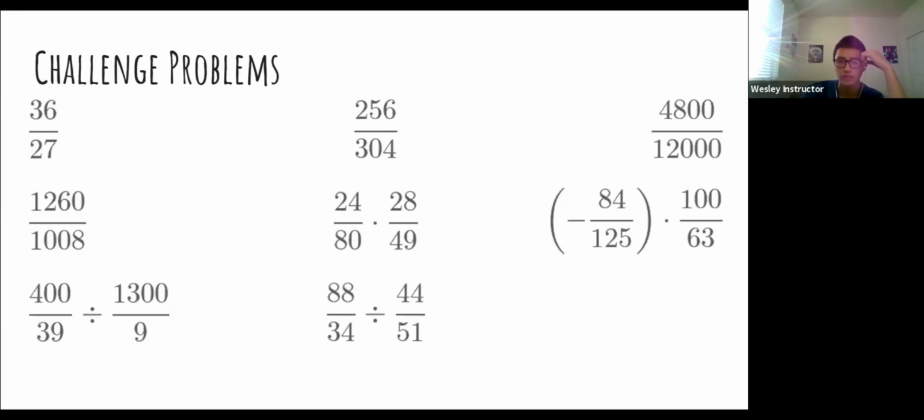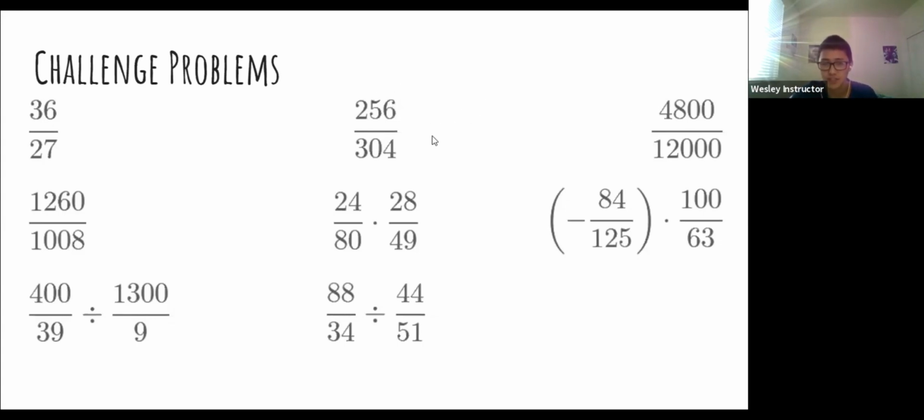Okay, it's 7:12, and I'll go over the answers right now. All right, so starting with the top left, 36 over 27, you can take out a 9 from the top and bottom, so that will leave you with 4 over 3. 256 over 304, that leaves you with 16 over 19.